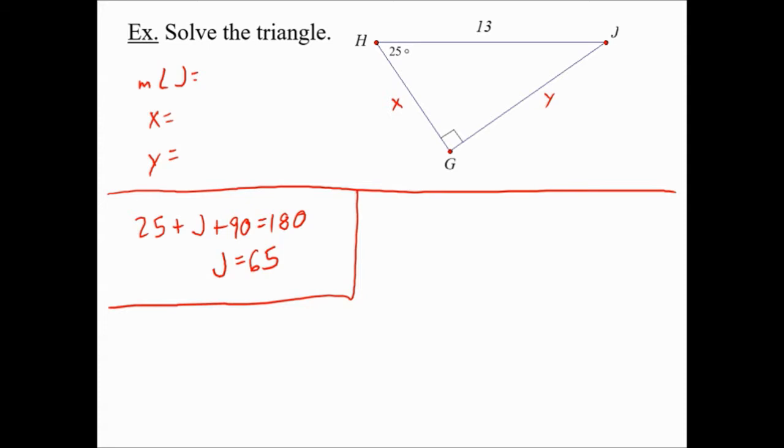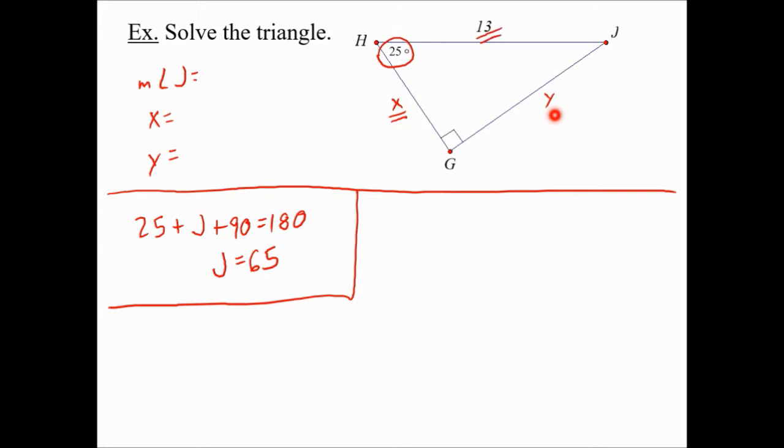Next, let's start with the x. And it really doesn't matter which one you picked, but let's start with the x. Notice that I'm going to have to use this angle to find the side. So that tells me right away I'm going to have to use sine or cosine or tangent, right? Because I'm trying to relate a side with an angle. Well, focused on that 25, I'm noticing that x is adjacent, and I'm noticing that 13 is hypotenuse.